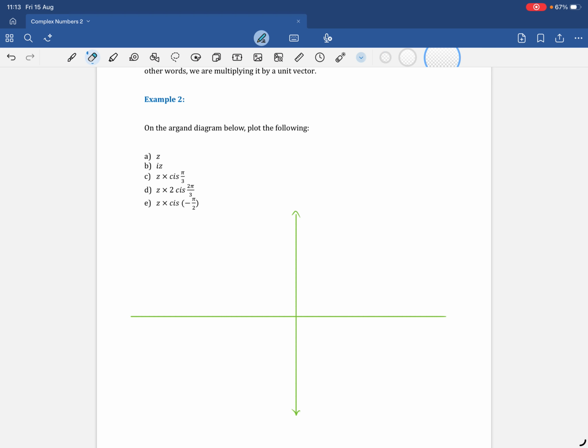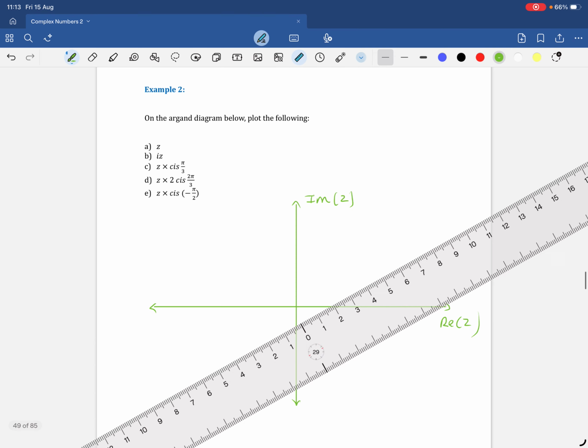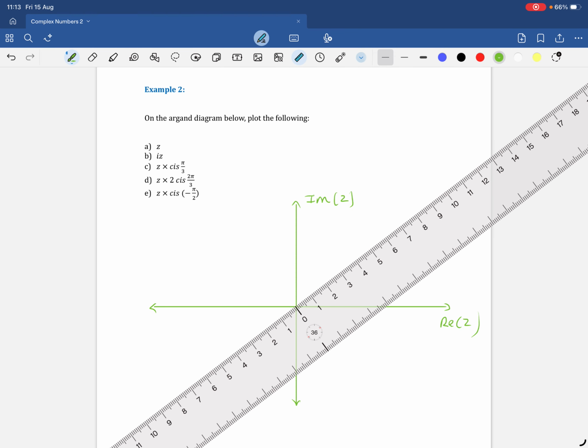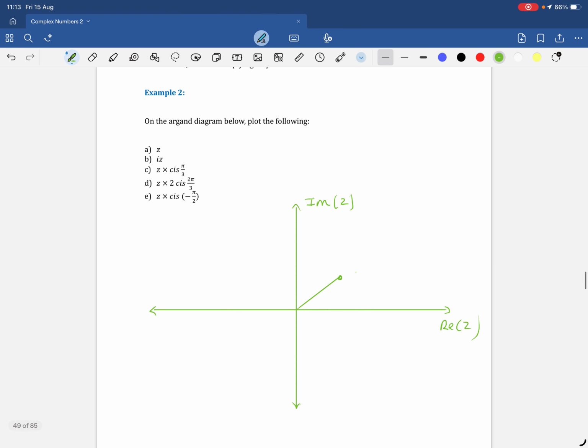Now, in an HSC question, they will place z as the original complex number. I haven't done this, which is my fault in the example, so I'm just going to make up what we want z to be. So z, we might say, is 2 centimeters long, maybe 3. I'm going to put it up there. That's going to be z. Now iz is the complex number.